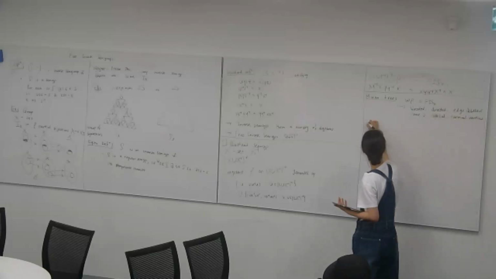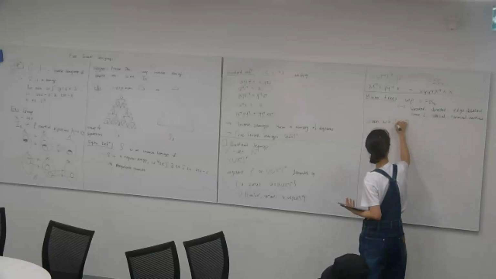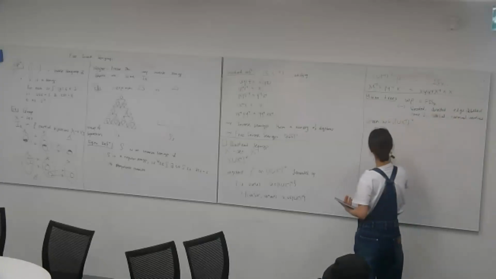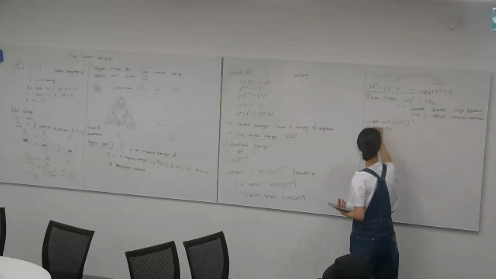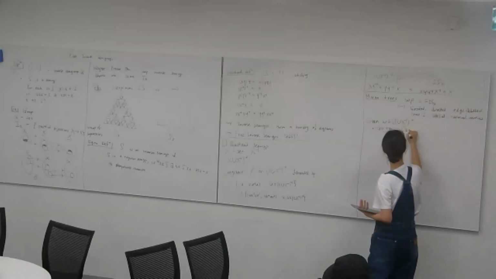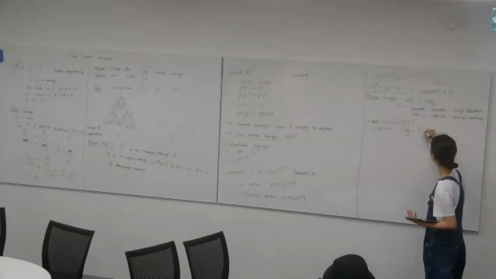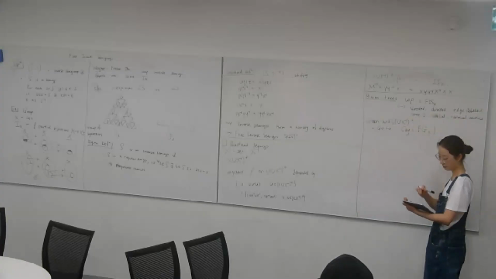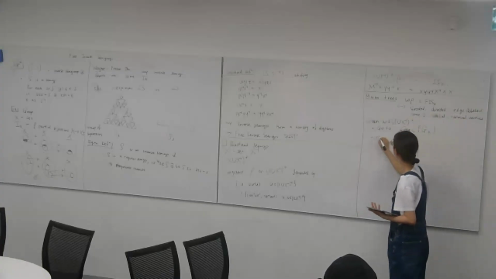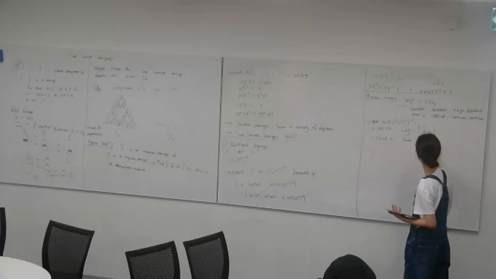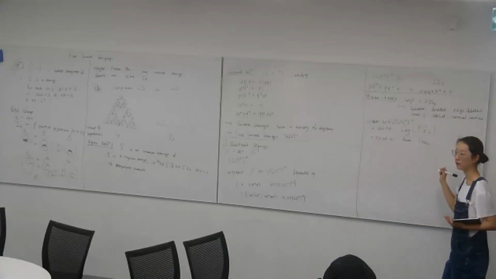So how do I obtain it? Given some word w over X union X inverse, go to the Cayley graph of the free group on X. And you read w from the identity of the free group on X in the Cayley graph.